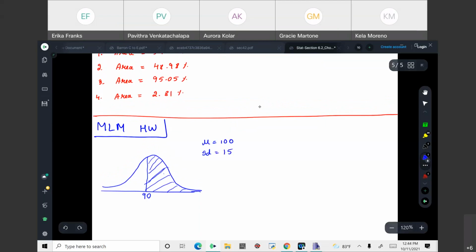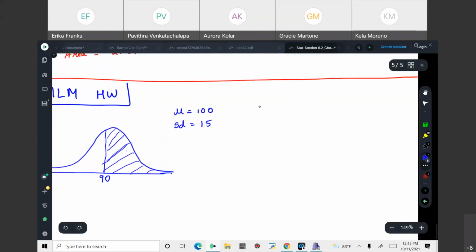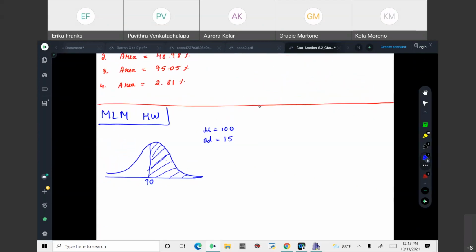Now, if they ask you to find the area of the shaded region, the highlighted region here, they will not mention whether it is standard normal distribution or just a normal distribution. So how do you know whether it is normal or standard? You have to look at the values here.